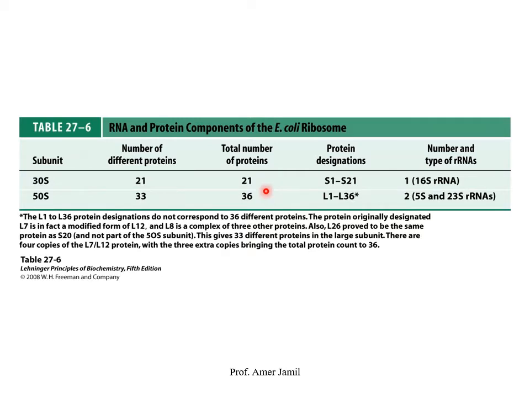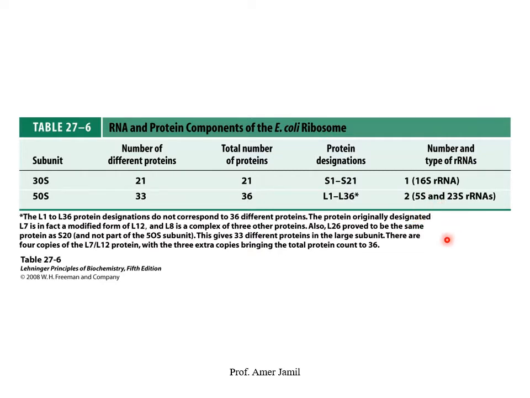These proteins are designated as S1 to S21 and L1 to L36. Similarly, the ribosomal RNA in 30S is 16S ribosomal RNA, and in 50S it is 5S and 23S ribosomal RNA.